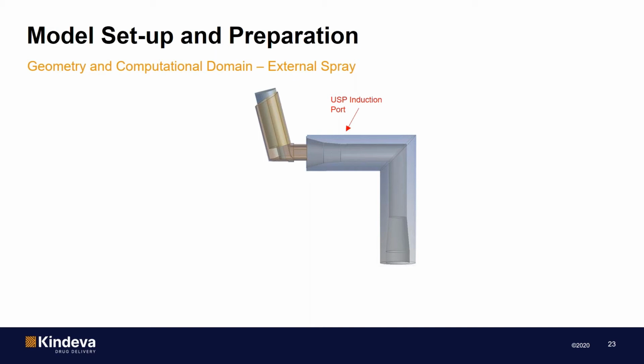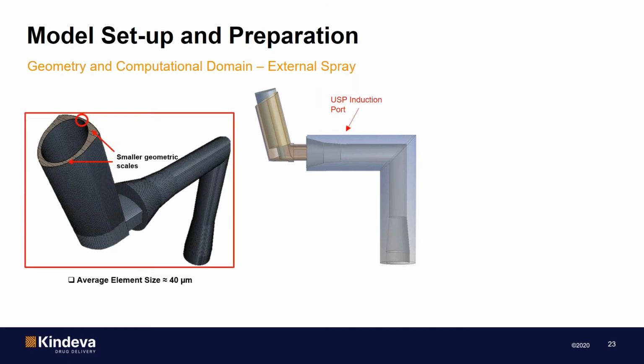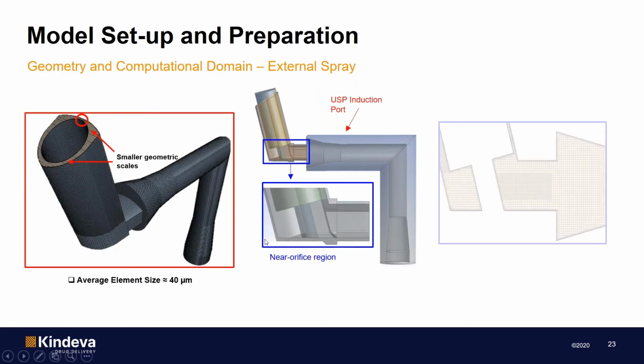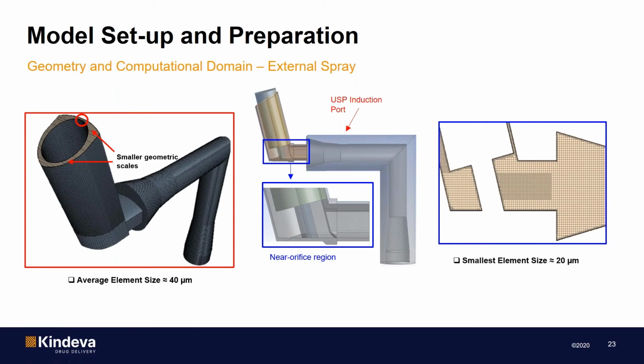The mesh regions with the smaller geometric scales, as well as the near orifice region of the pMDI, are also refined to be able to capture more accurately the flow solution quantities. And we discretize the entire domain into approximately 1,500,000 hexahedral elements.